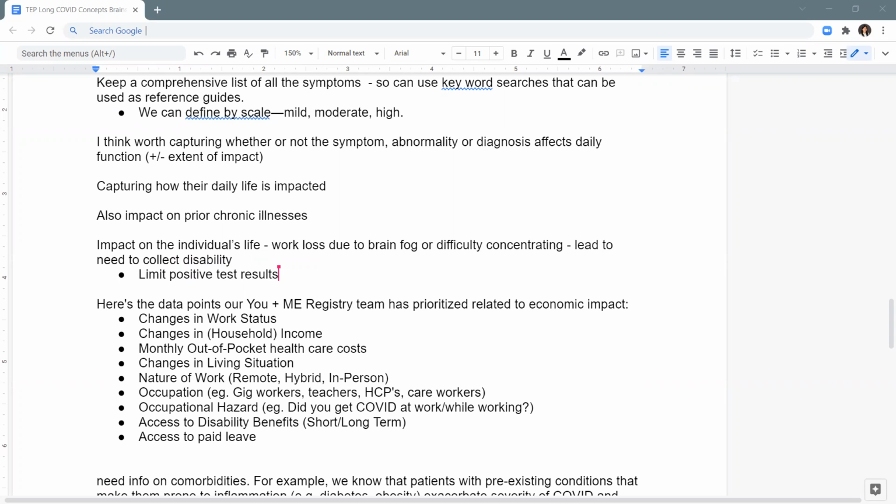So this is Emma, and I think I'm a little confused. So are you saying that they need to prove having a positive COVID test? When you say positive test, is that a positive COVID test?